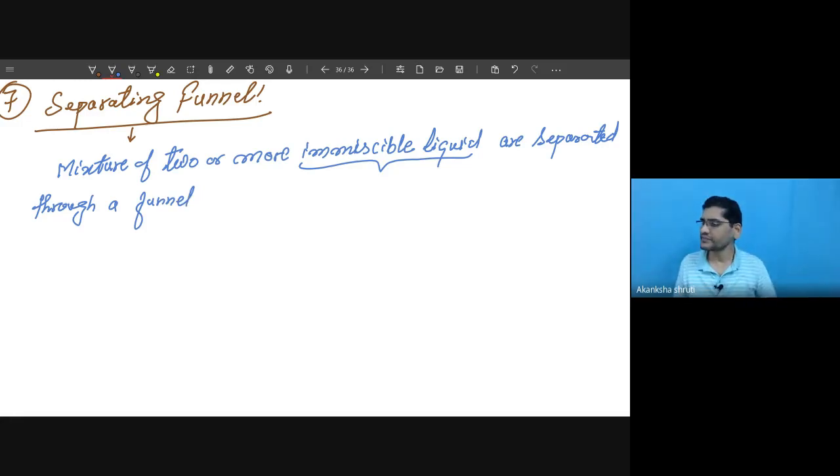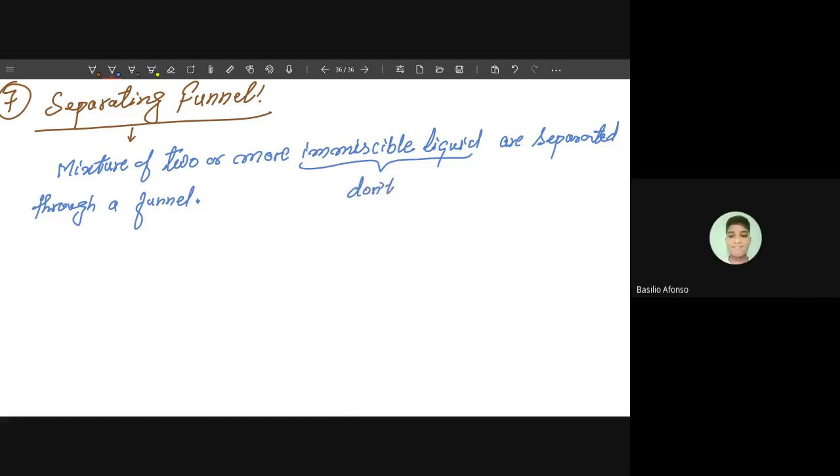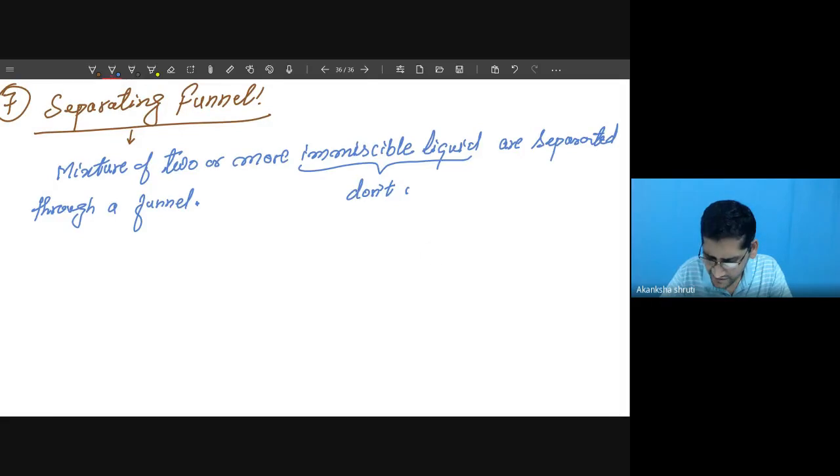Why this? Because these immiscible liquids are not intermixing, rather they are getting collected in a layered fashion. So immiscible liquid means liquids which do not mix with each other.